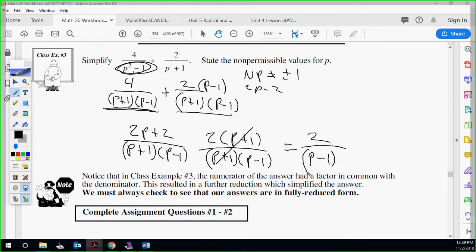The 4, 4 minus 2. Yeah, it was just a 4. Okay, any questions there? Now, again, in the fully reduced form, you don't get your non-permissibles from there. Your non-permissibles still stay plus or minus 1.